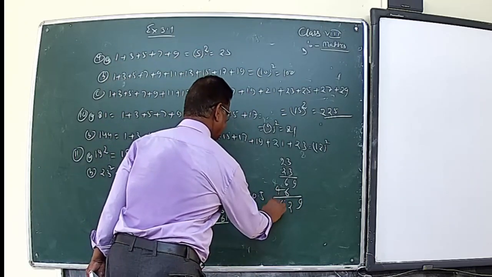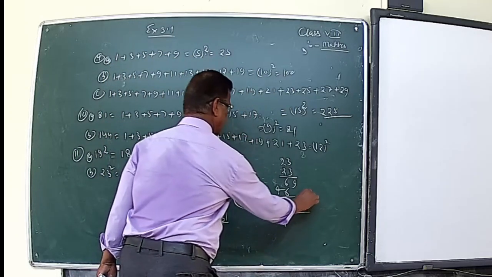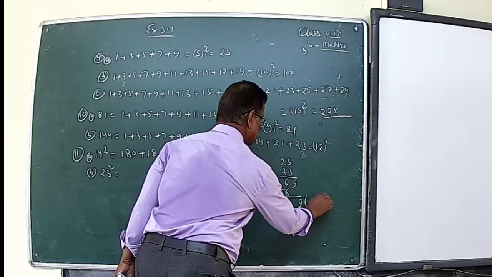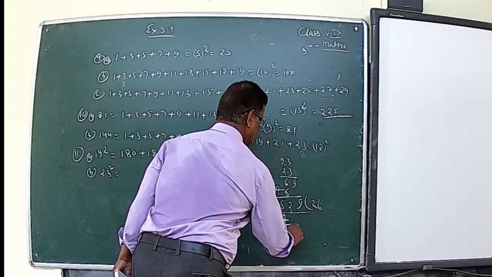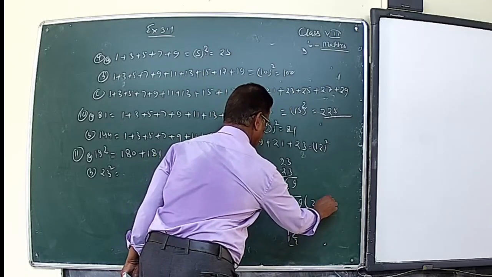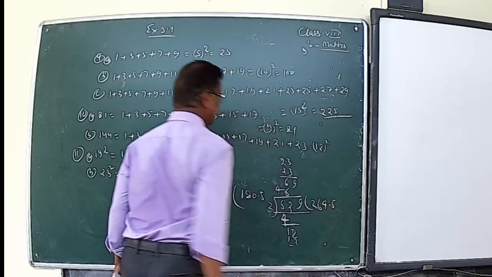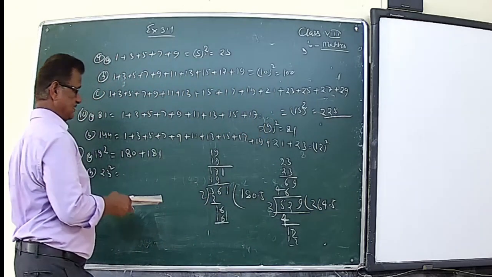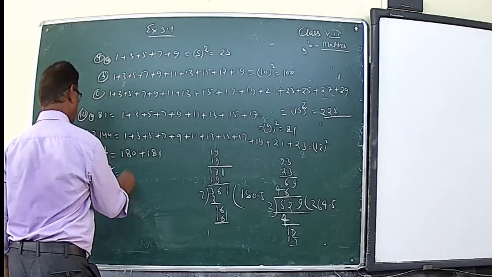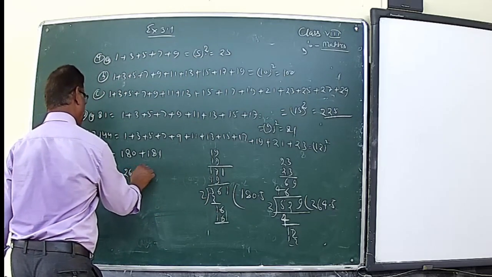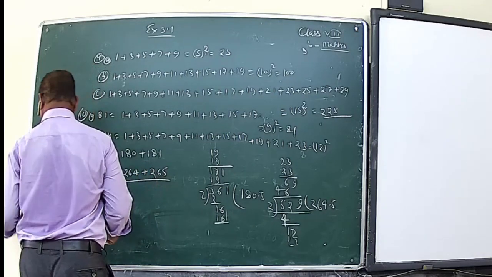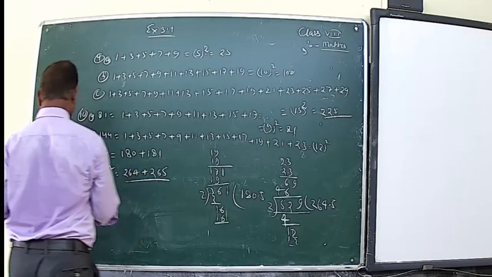Divide 529 by 2, and we get 264.5. It means 264 plus 265.